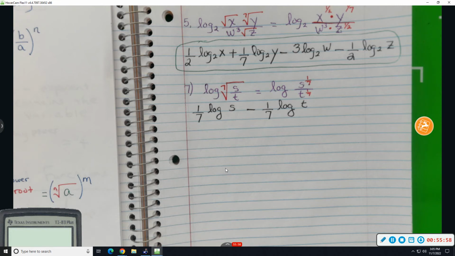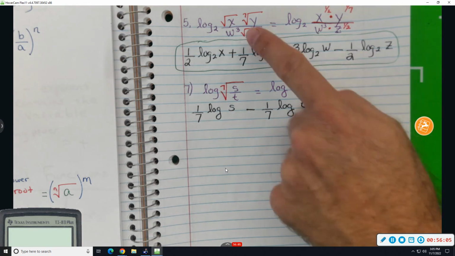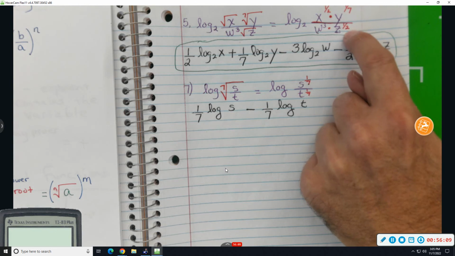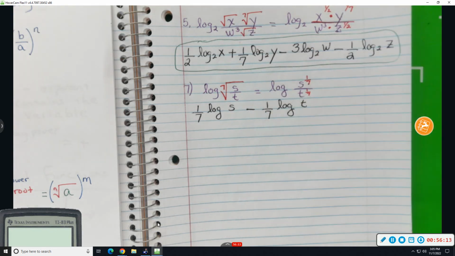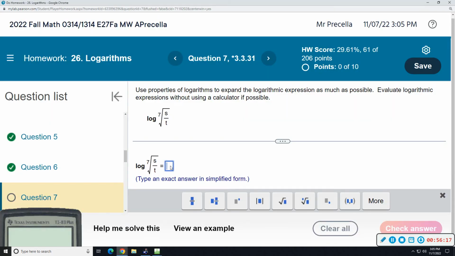So we had to do a little bit of work just rewriting that radical with fractional exponents, like on number 5. The square roots we had to write with 1/2 exponents, the 7th roots with the 1/7 exponent. So I type in 1/7.